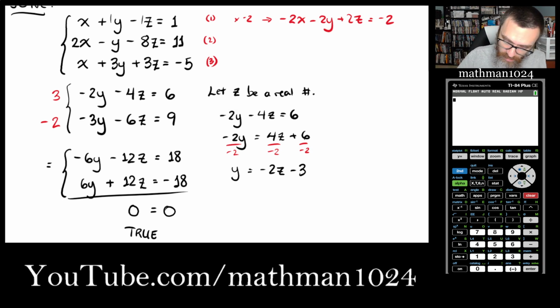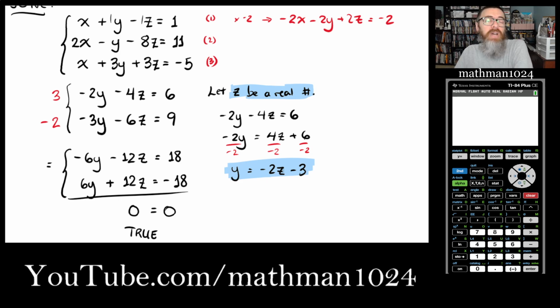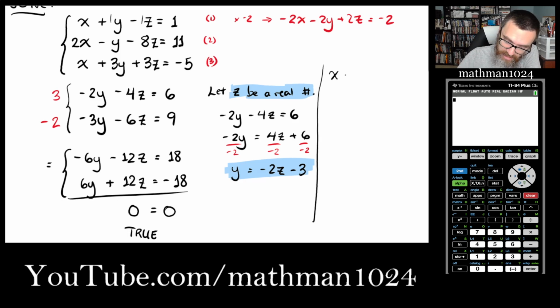All right, so we have z is just going to be this, y is this, but we need to find a representation for x. So we're going to go back to the first equation. It said x plus y minus z equals 1. If I get x by itself, x is equal to negative y plus z plus 1.